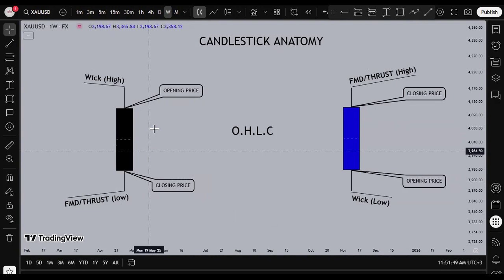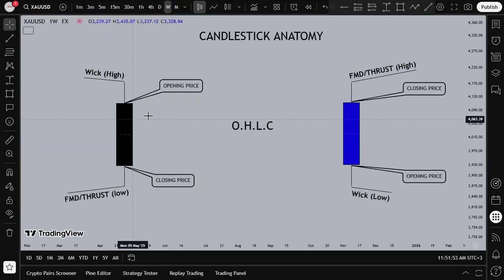Now, the bearish candle, we all know is composed of the opening, where we see the body starts, and the closing where the body stops. And now the candle involves wicks. Now, those wicks, in a bearish candle, this is the high of the candle.